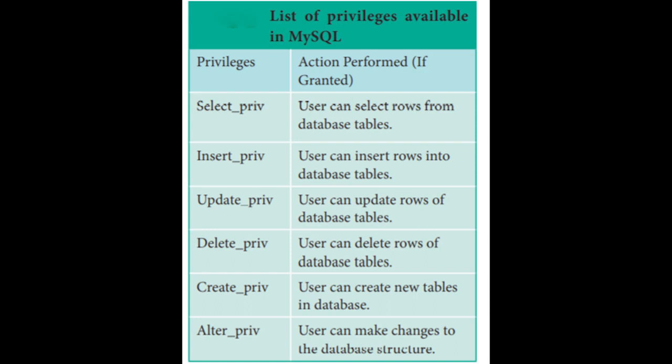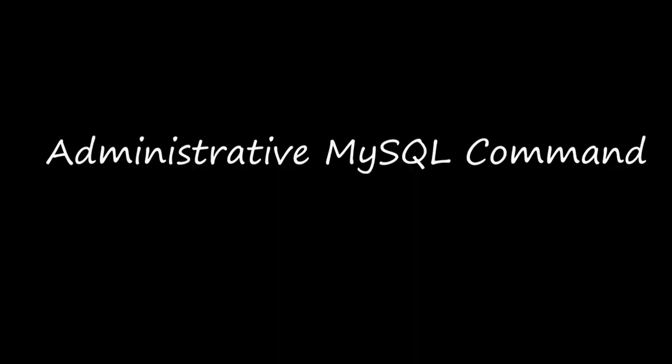We have seen insert, select, update, flush privileges, delete privileges, and creating and altering things in the table, right? Then we saw administrative MySQL commands like use database, show tables, show columns, show index from table, and show table status like table name, right?